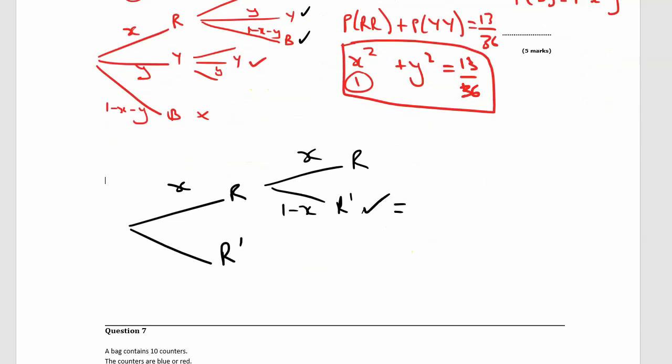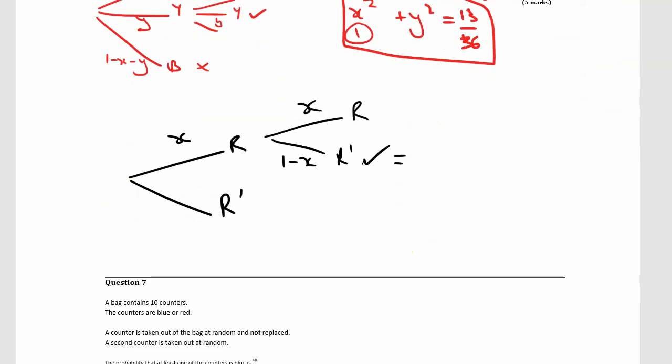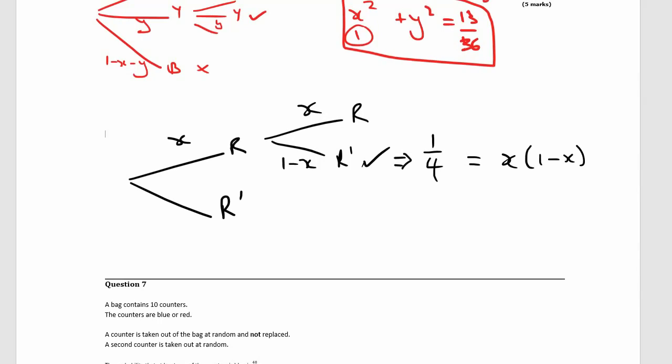So we care about this, and they've told us that that probability is a quarter, and that equals x times 1 minus x. So if I expand that bracket, it's x minus x squared.